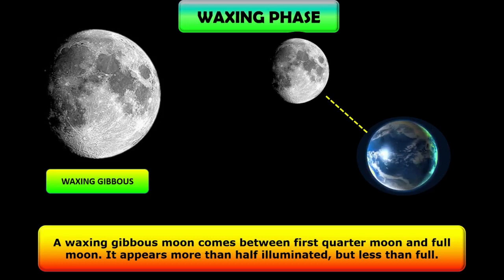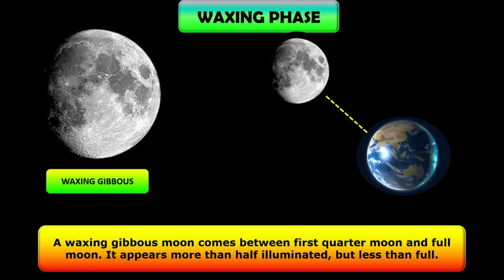A waxing gibbous moon comes between first quarter moon and full moon. It appears more than half illuminated but less than full. And again, we call it waxing because it grows thicker every night until it reaches its next phase, the full moon.